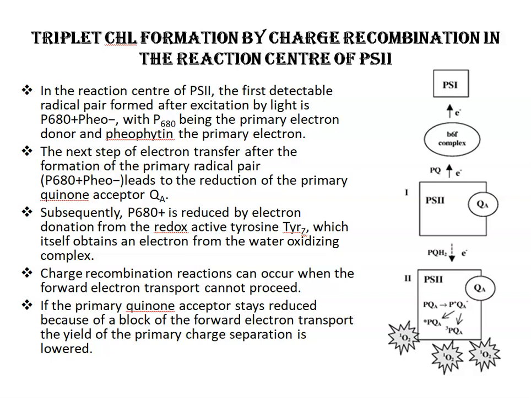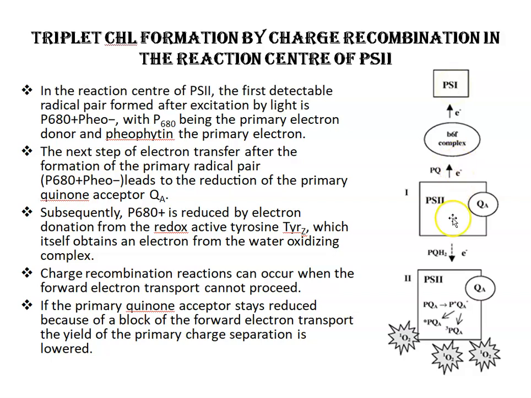Let's just look at this diagram. Here you can see this is a linear electron flow, means this is a normal electron flow from photosystem 2 to cytochrome B6F complex and then to photosystem 1.